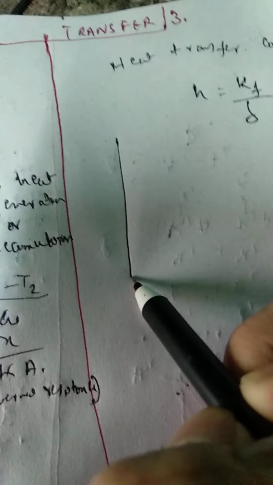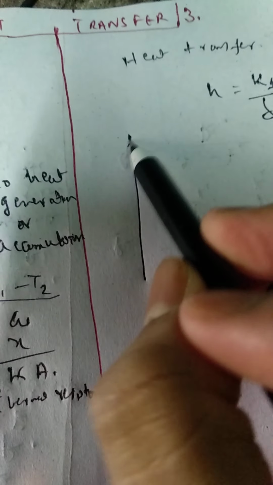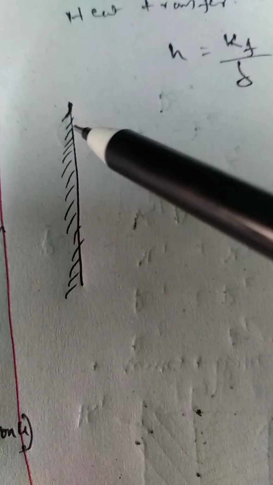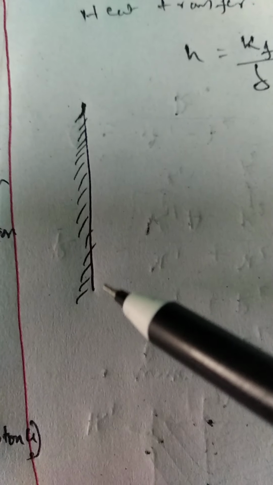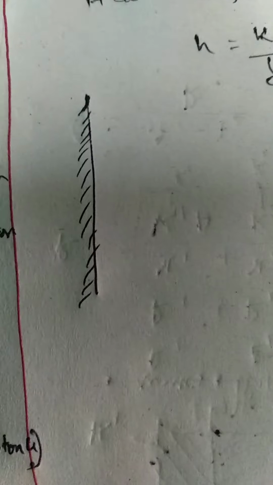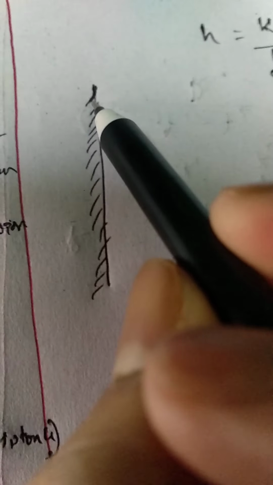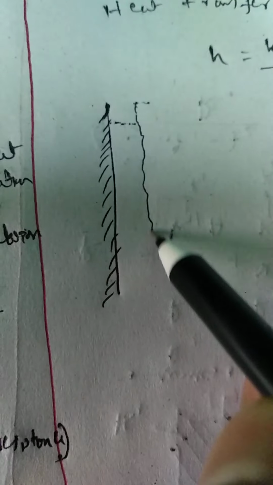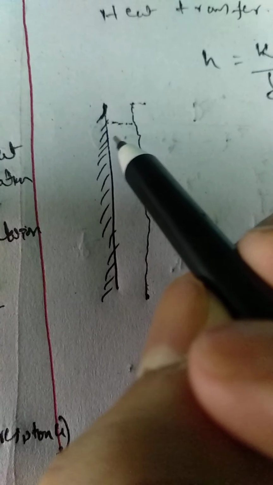Let's suppose this is a wall. And suppose there is a fluid film adjacent to this wall. This is the fluid film.